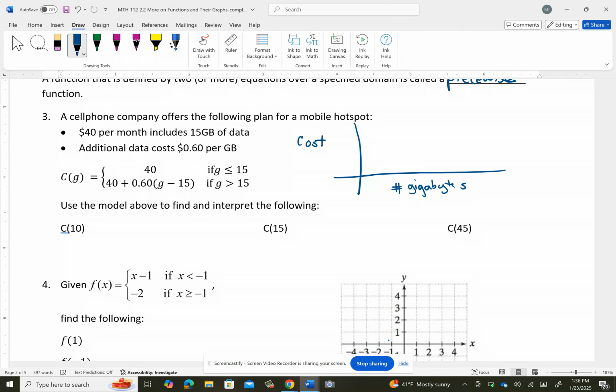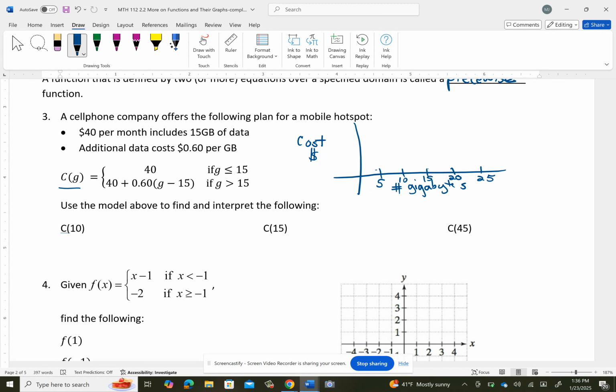So I did C of G, which is the cost for a particular number of gigabytes, in dollars. Now I'm not going to put all the tick marks in there, but let me go ahead and do 5, 10, 15, 20, 25. So let's say this was the scale on the axis.